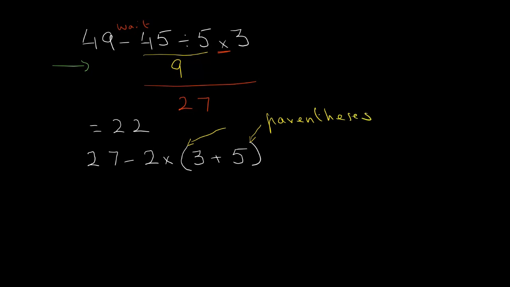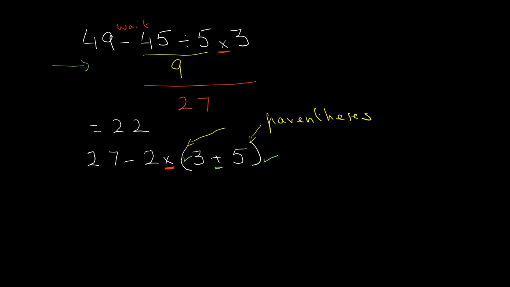Okay. So what that means is, although if I were to follow the convention, I would have done this multiplication first because I encountered a subtraction, but the subtraction has to wait for this multiplication. But actually, the multiplication has to wait for this addition because of these parentheses. The parentheses take precedence over everything else.